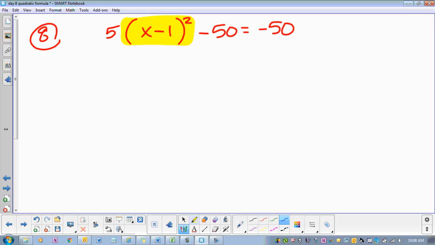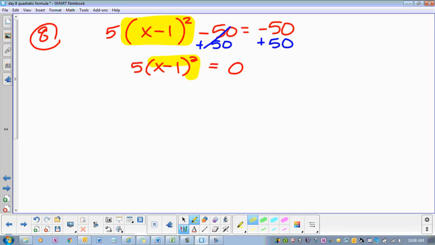Good. Add this 50 first. What's negative 50 plus 50? 0. So remember, guys, I'm still trying to get this square term all by itself.